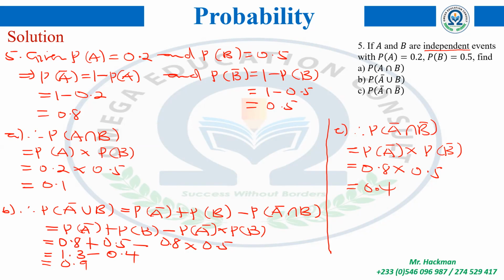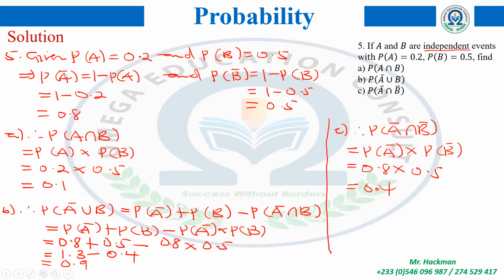Now, if you read through the question carefully, before you start solving, you don't read the questions in isolation. Read through the entire question, and after reading through it, you realize that you will need P of A bar and P of B bar. So when you extract your P of A and P of B, you can equally find P of A bar by using that relationship.